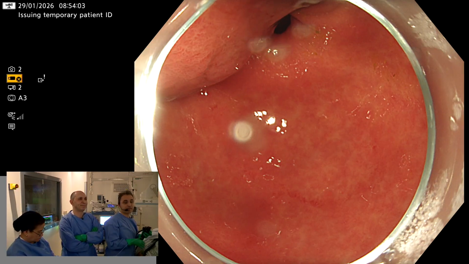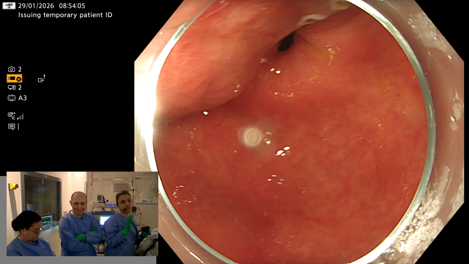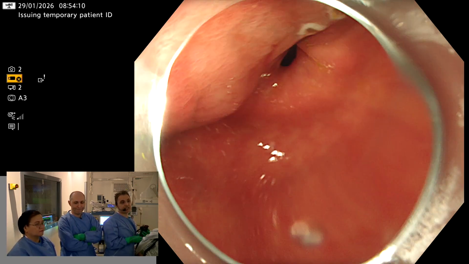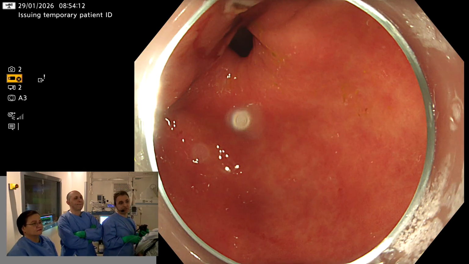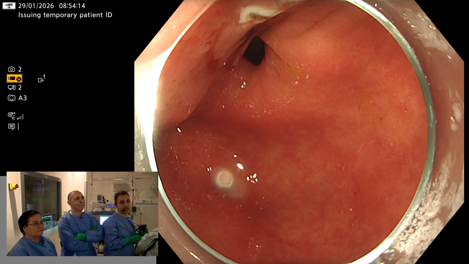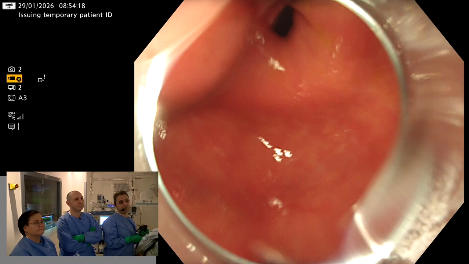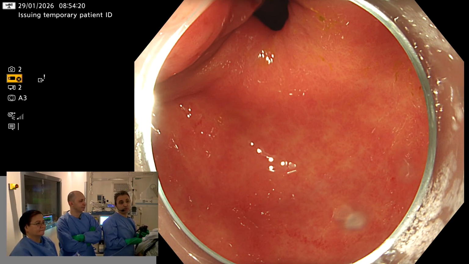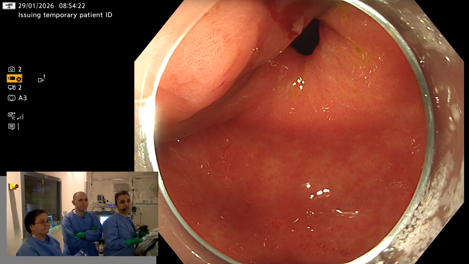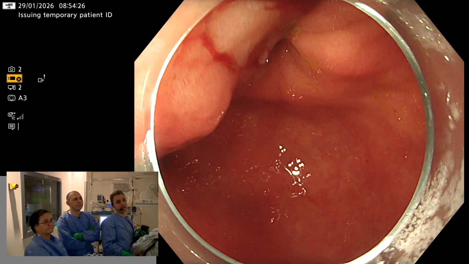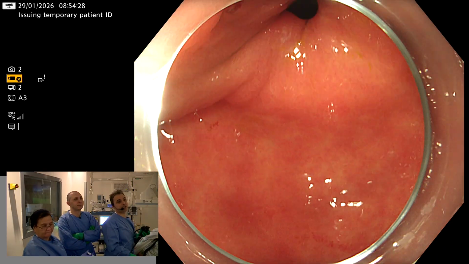For gastric ESD, usually there's an absolute indication: well-differentiated gastric adenocarcinoma or poorly differentiated non-ulcerated gastric adenocarcinoma. Usually we take a biopsy, because for a biopsy-confirmed lesion, we do ESD. And as he mentioned, we usually start our ESD as a strategy-based procedure.